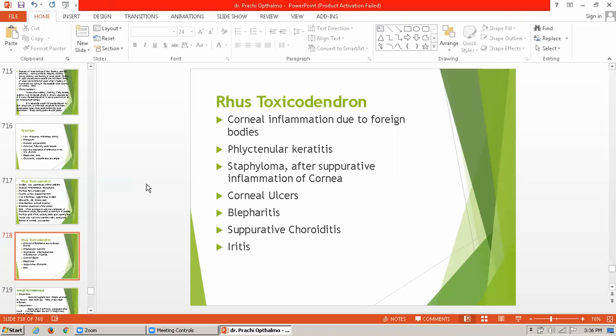Rhus tox is useful when there is corneal inflammation due to a foreign body, in phlyctenular keratitis, then staphyloma after suppurative inflammation of the cornea, corneal ulcer, blepharitis, suppurative choroiditis, and iritis.